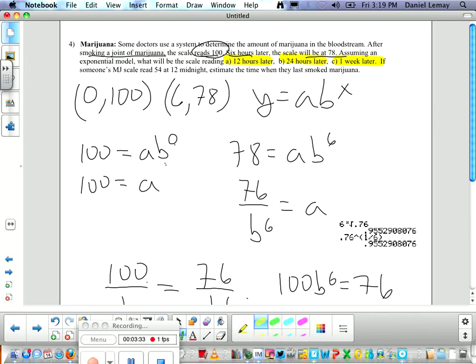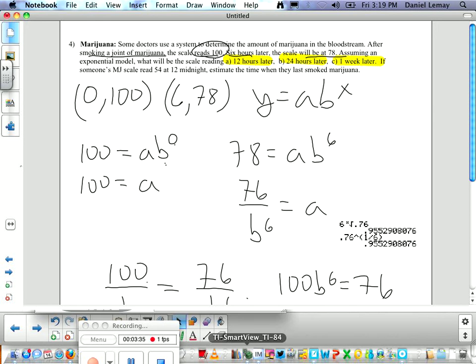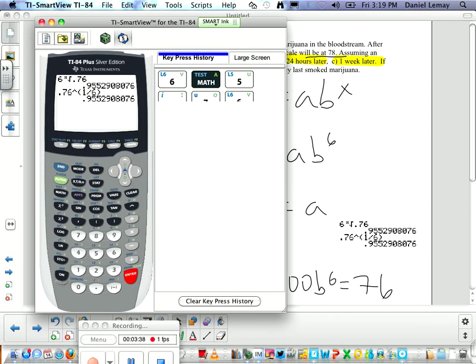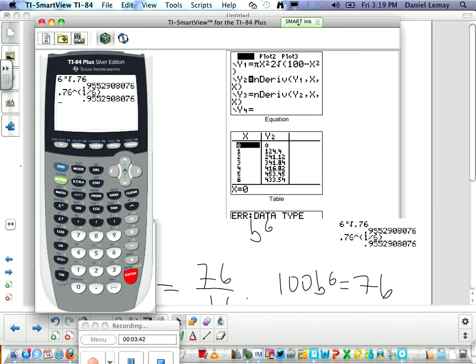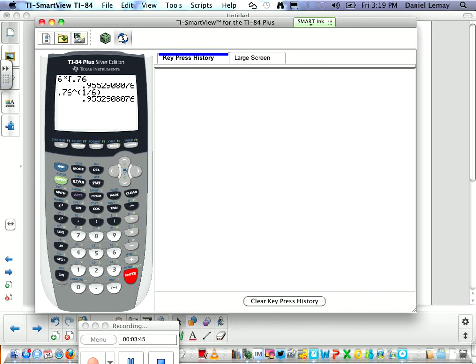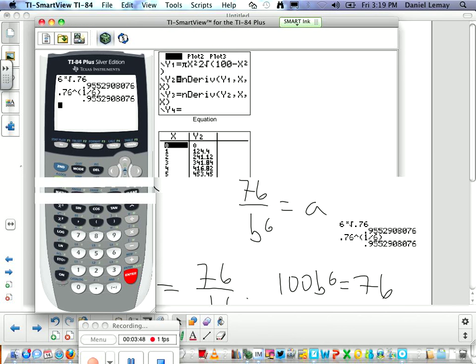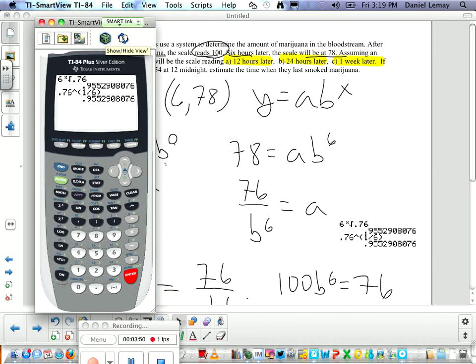Okay, so in my calculator, I'm just going to do this. Get this so I can see everything. There.